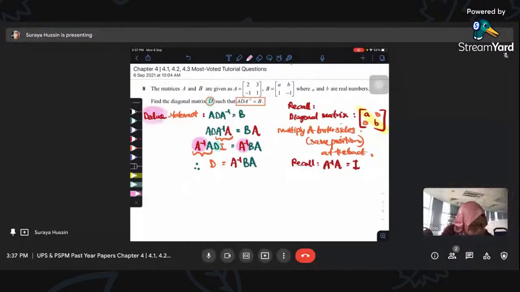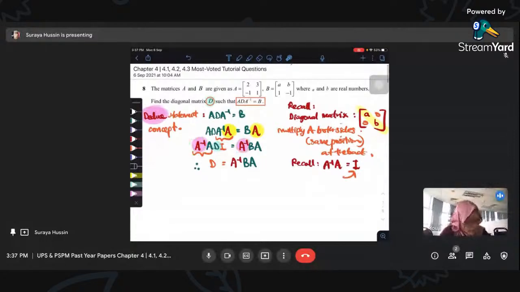What we are doing right now is the deduced concept, where you are aiming to get an identity. When you see an identity, you will be fine. You will be left with D only at the end of the day. Just make sure you multiply in the correct position. If A is at the back, on both sides A must be at the back. If A inverse is at the front, on both sides it must be at the front. That's all, actually.